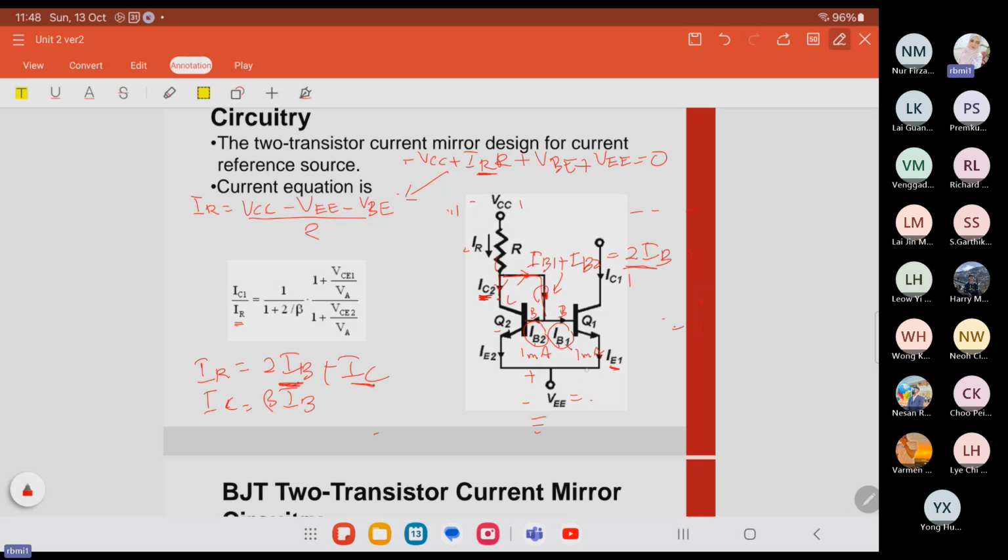For the IE is equal to beta plus 1 IB, or IE is equal to, right, IB beta plus 1. Okay, so that is how, when we replace with the VCE and on the IC1. Okay, from here. Okay.